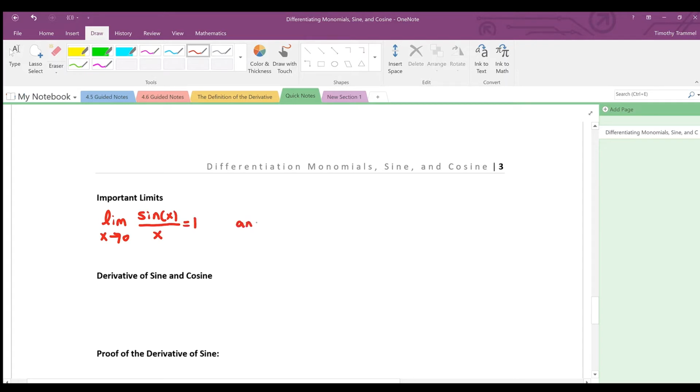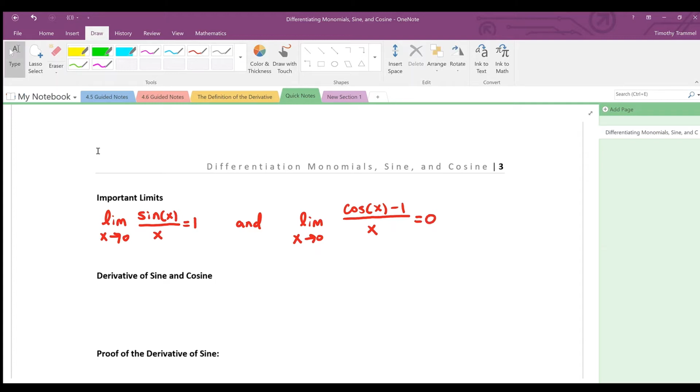And the limit as x approaches 0 of cosine of x minus 1 all over x, and this is equal to 0.